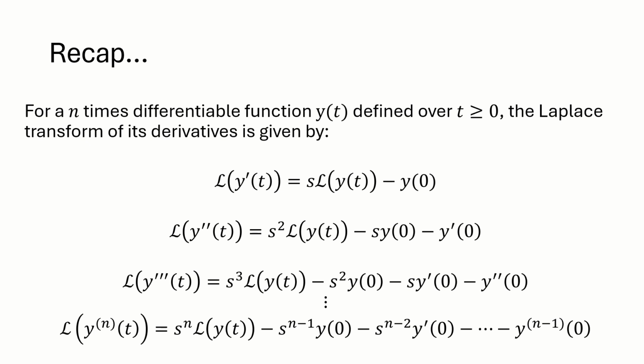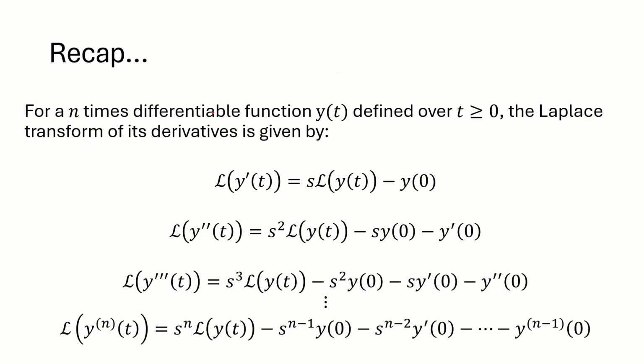So we need to know the algebraic expressions for Laplace transform of derivatives. The first order derivative Laplace is s times Laplace of y of t minus y of 0, and Laplace of y double dash t is s square Laplace of y of t minus s y of 0 minus y dash of 0, and so on.